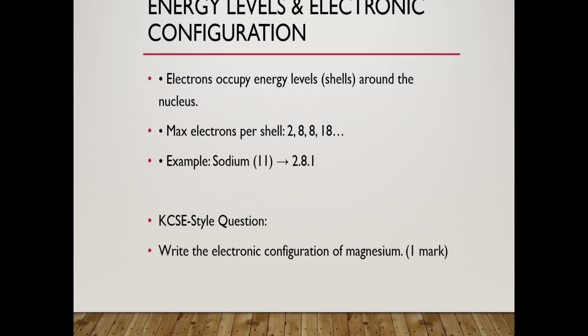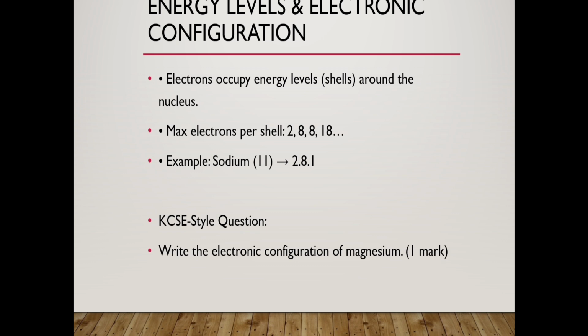Some elements have the same energy levels, but different electrons in the last energy level. The maximum number of electrons per shell or energy level differs. For the first energy level, it takes a maximum of 2 electrons. It can't take more than 2 electrons.